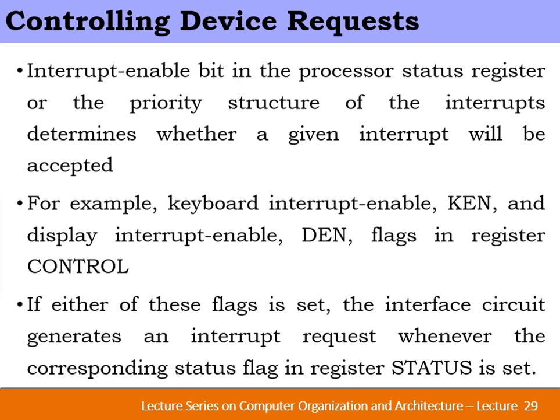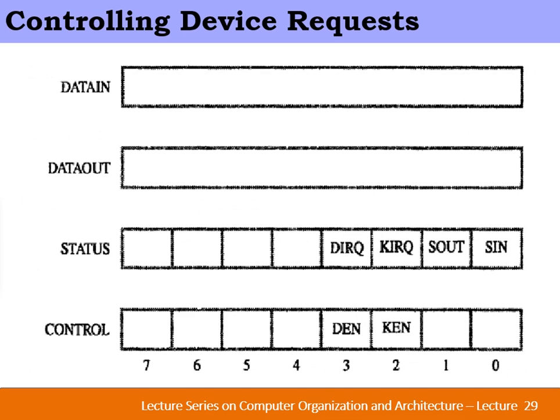If either flag is set, the interface circuits generate an interrupt request whenever the corresponding status flag in the status register is set. Now we have the registers called data in, data out, status as well as control.